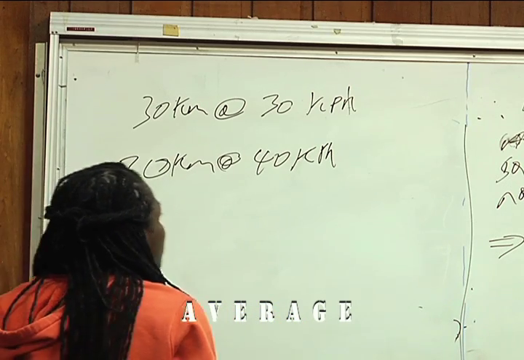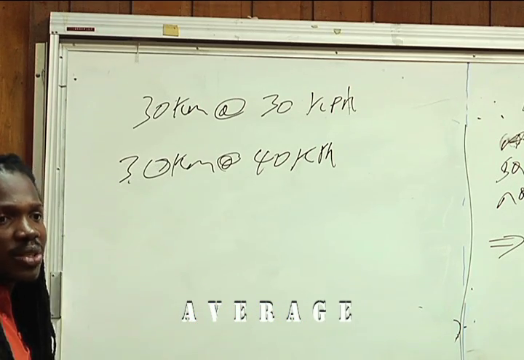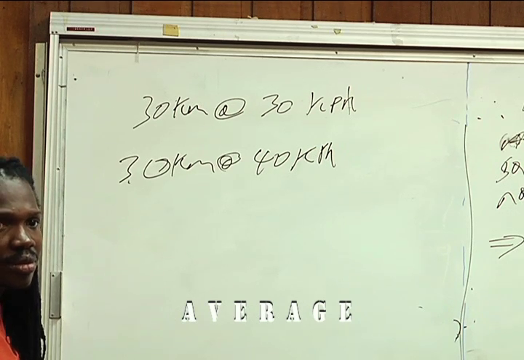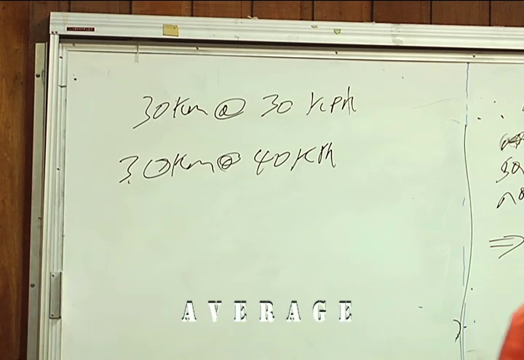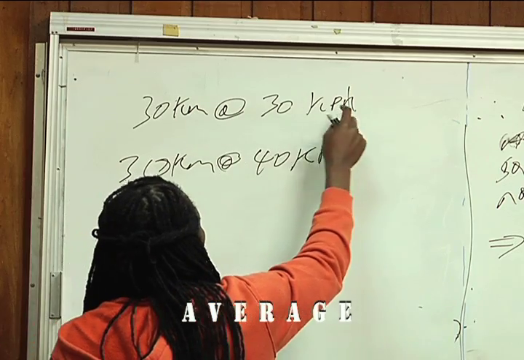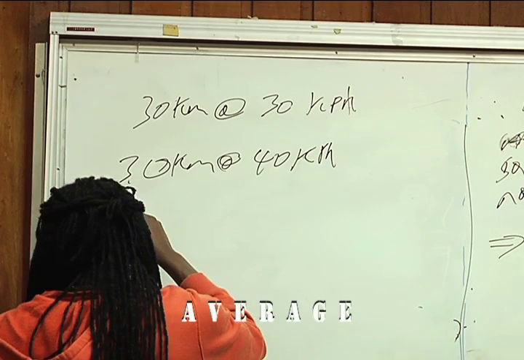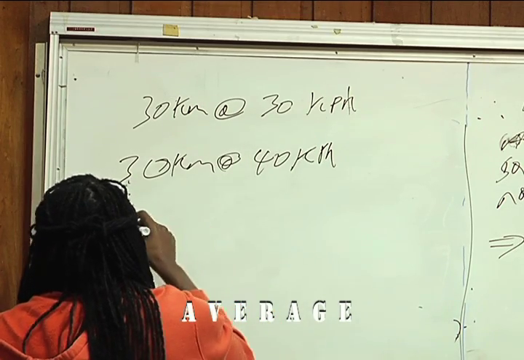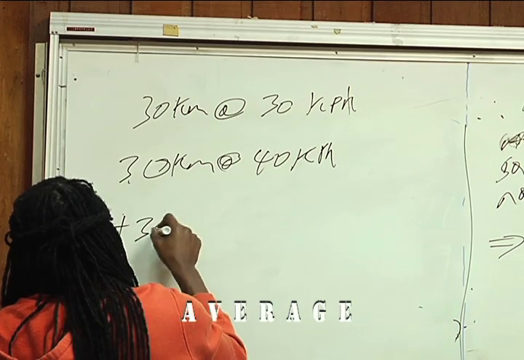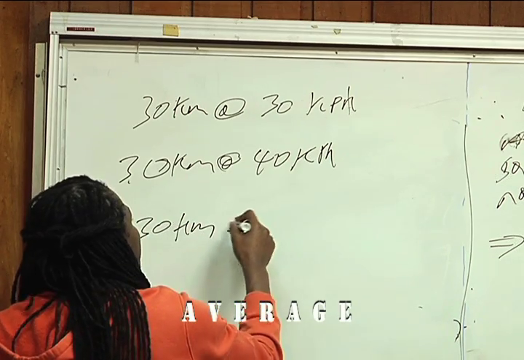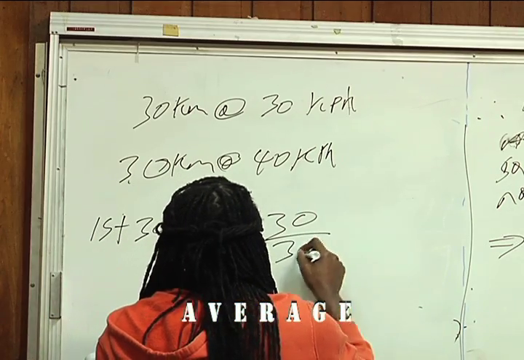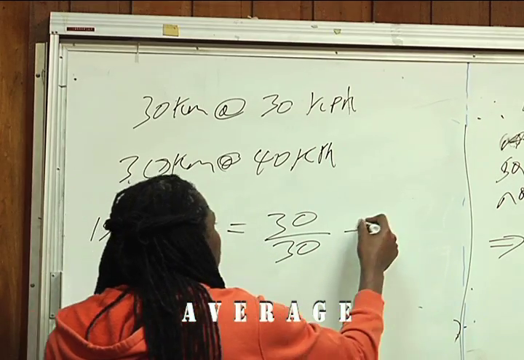So, what am I asking? Find the average speed. The first thing we have to find is the time taken. The time taken to travel the first 30 kilometers equals 30 over 30, which equals 1 hour.